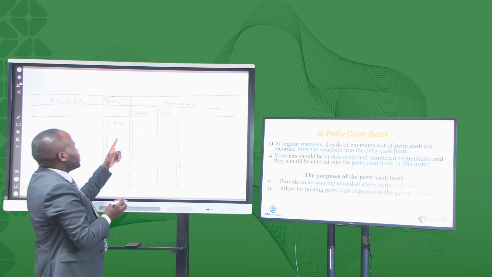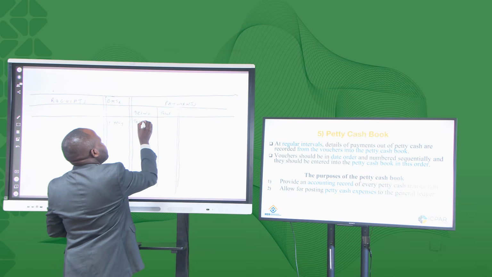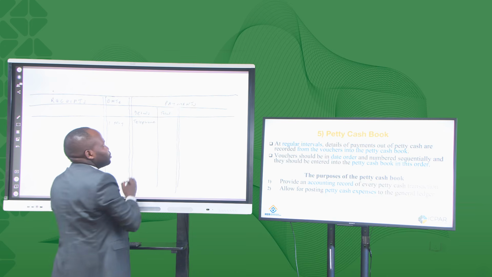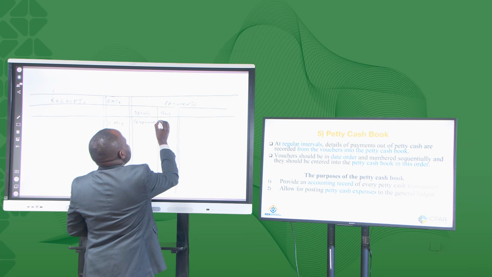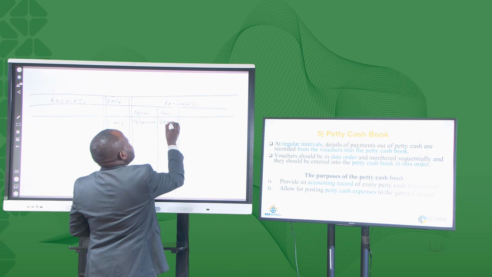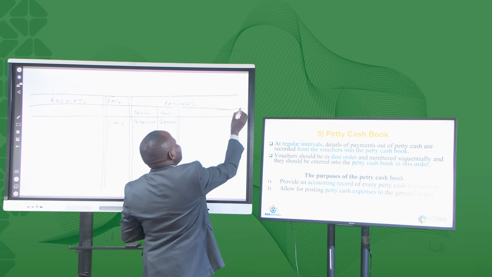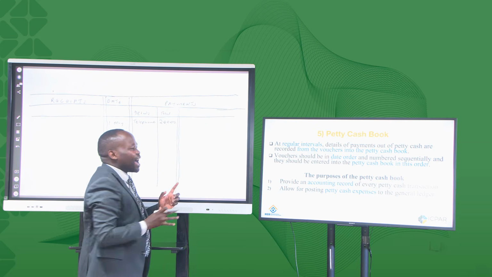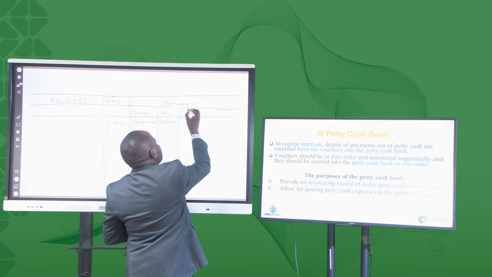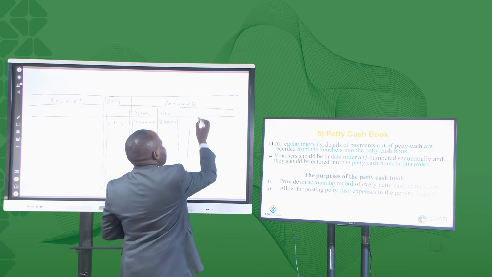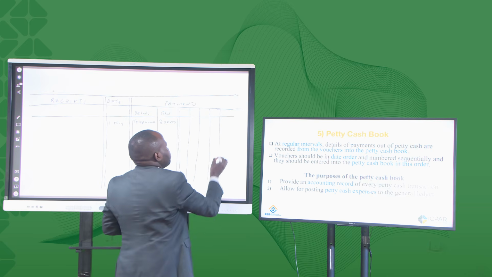So for example, if on 1st May, we spent something on telephone, we topped up the telephone. Now, we spent maybe 20,000 on telephone. There should be a list, on this other side, of all the items that we spent petty cash on. For example, the accountant must have developed a template of a list that we spend on.